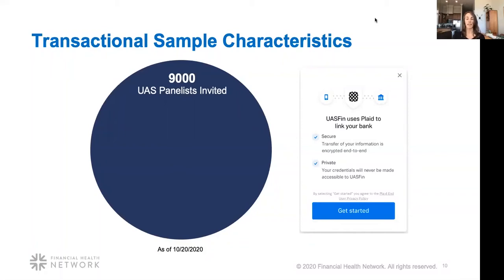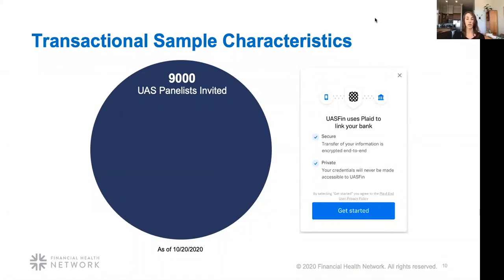And that data collection platform uses Plaid's API on the back end to allow individuals to link their financial accounts across multiple institutions, multiple financial service providers to this centralized platform, giving us as researchers the ability to view and analyze all of the inflows, outflows, and balances across those multiple accounts that form the basis of our transactional data sample.